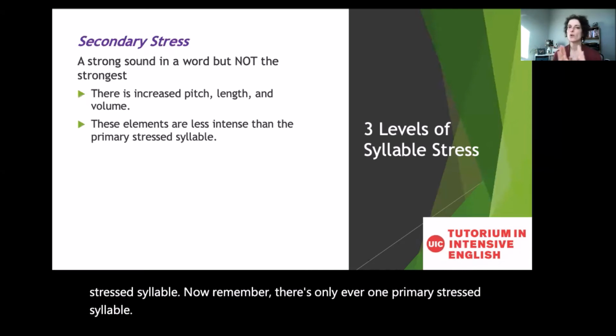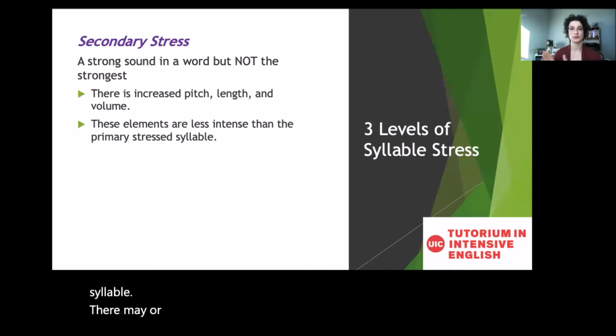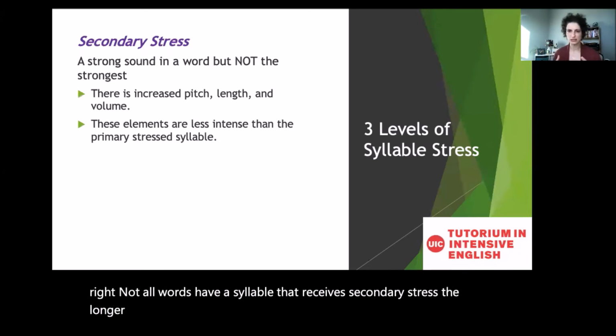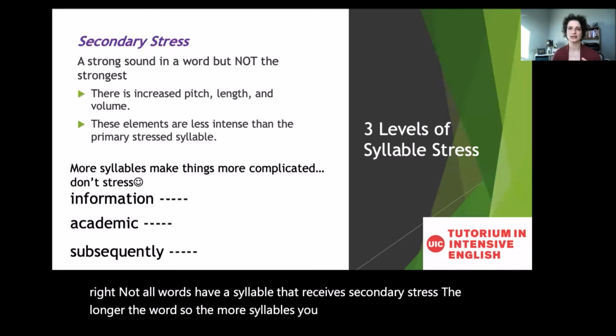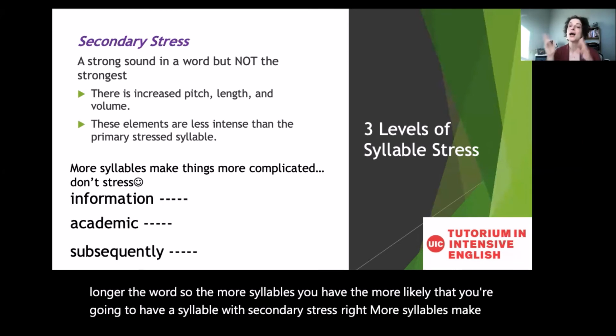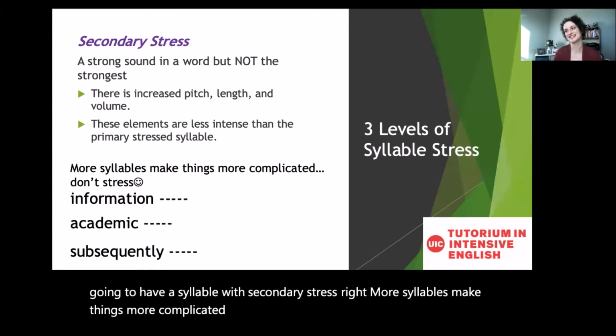There may or may not be a syllable with secondary stress. This is optional, right? Not all words have a syllable that receives secondary stress. The longer the word, so the more syllables you have, the more likely that you're going to have a syllable with secondary stress, right? More syllables make things more complicated, but don't stress.